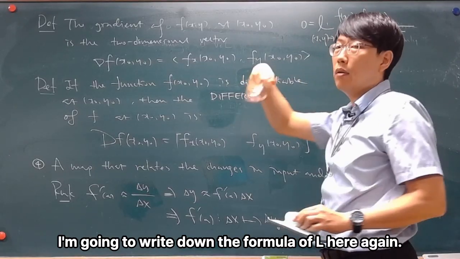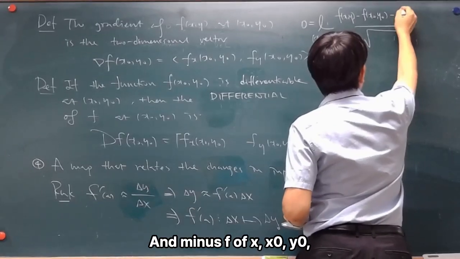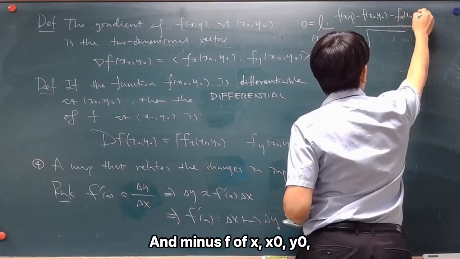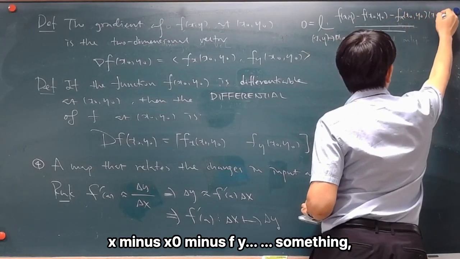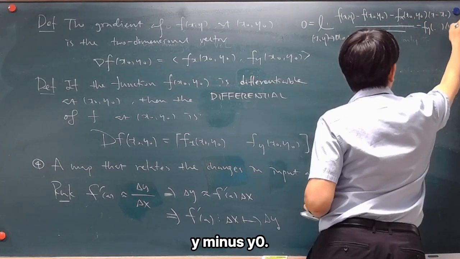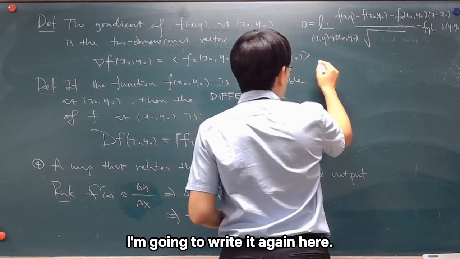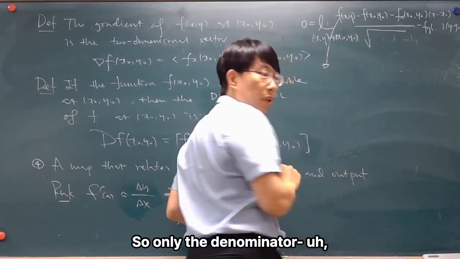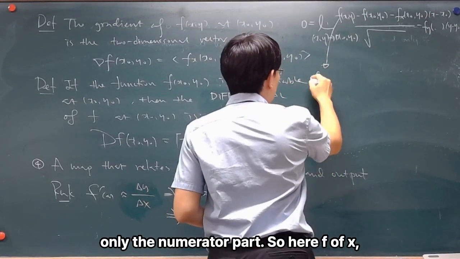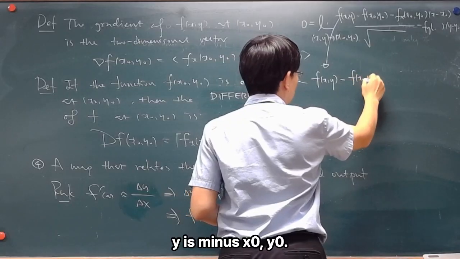I'm going to write down the formula of L again: minus f_x(x0, y0)(x minus x0) minus f_y(x0, y0)(y minus y0). I'll write it again, only the numerator part: f(x, y) minus f(x0, y0).